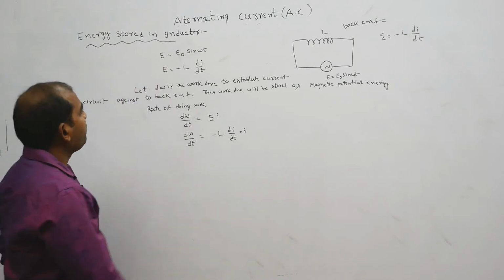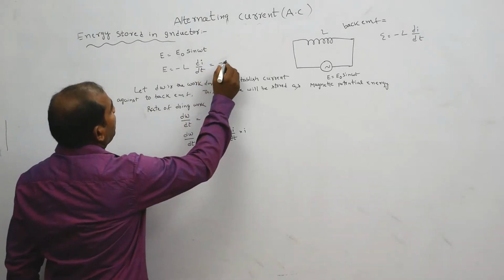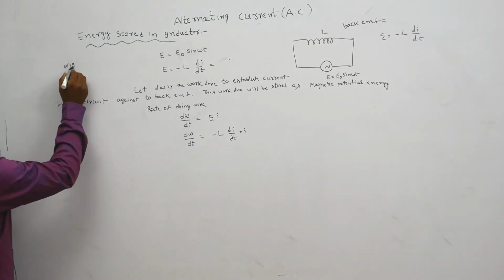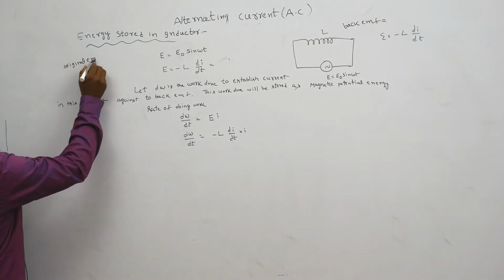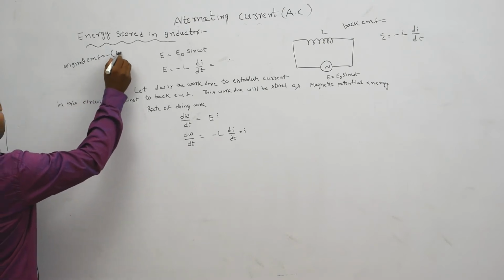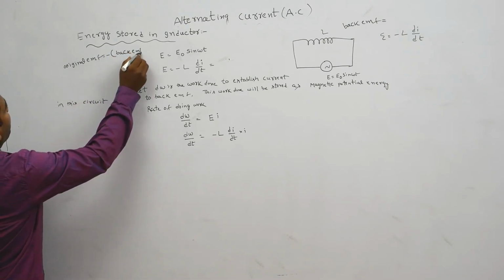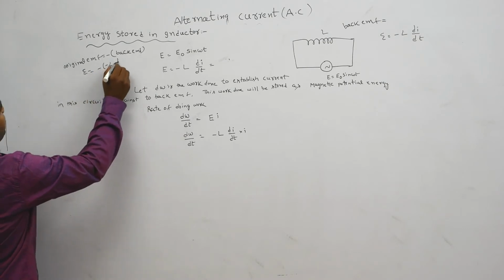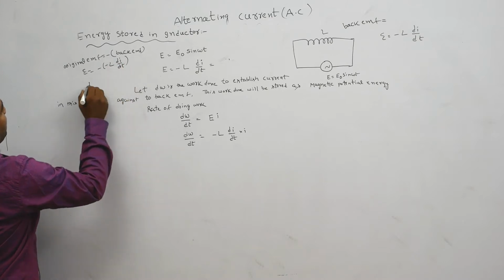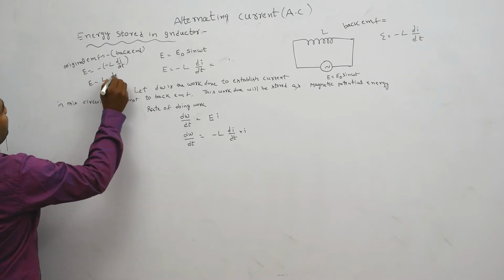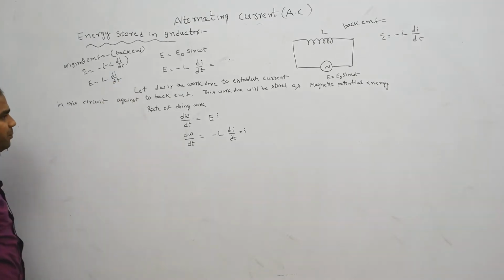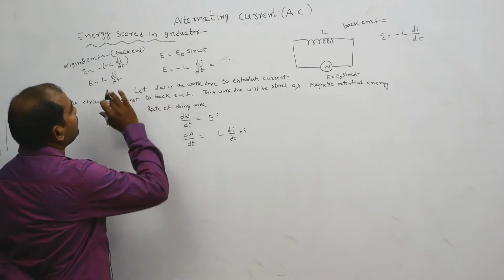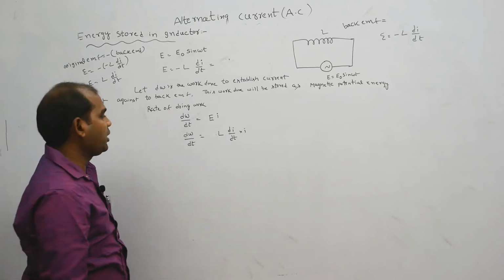Actually, the original EMF is equal to the minus of back EMF. That means E is equal to minus of minus L di by dt, so E is equal to L di by dt. I am not writing the minus here because it cancelled.